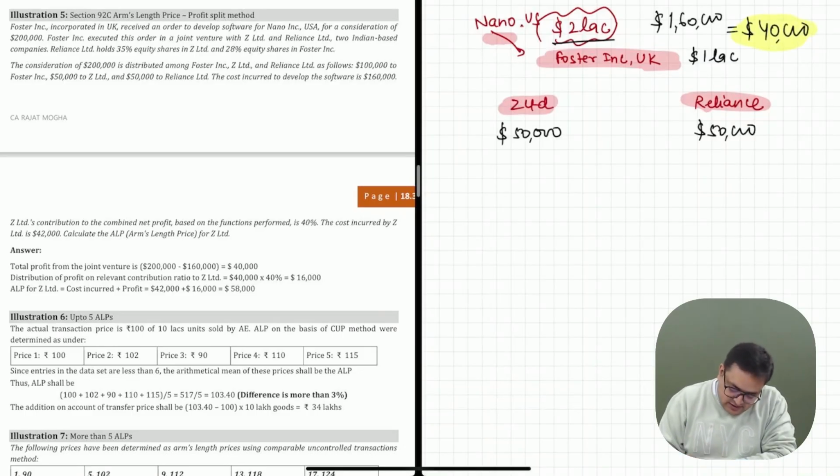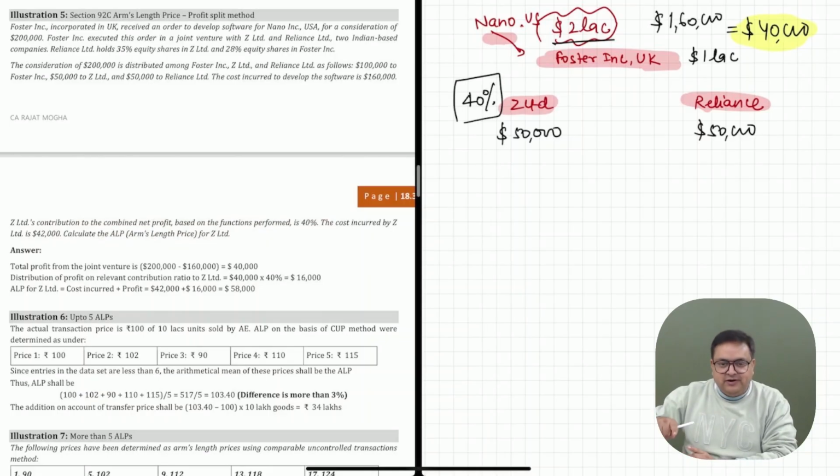Now they are saying Z Limited's contribution to the combined net profit, based on the functions performed, is 40%. So Z Limited has performed 40% of the functions in this particular order. The cost incurred by Z Limited is 42,000.